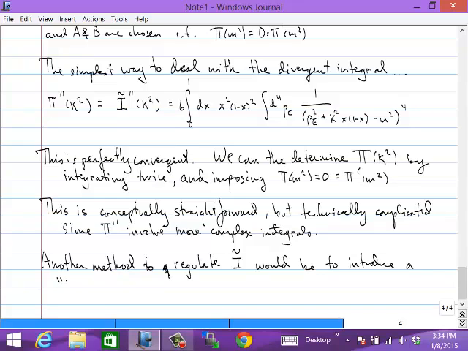So this is sometimes referred to as the hard cutoff method. What does that mean?